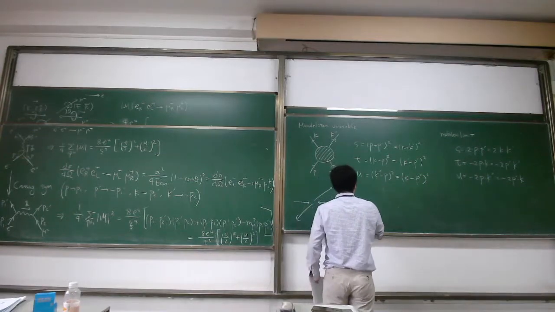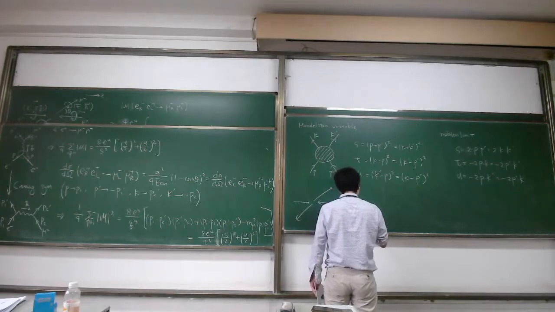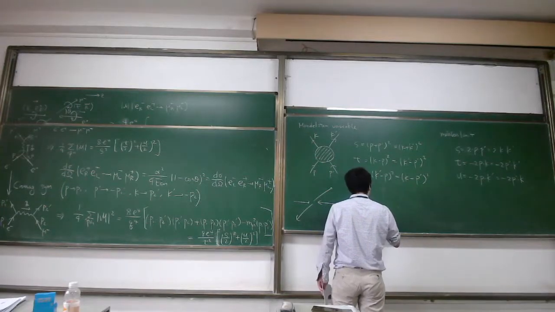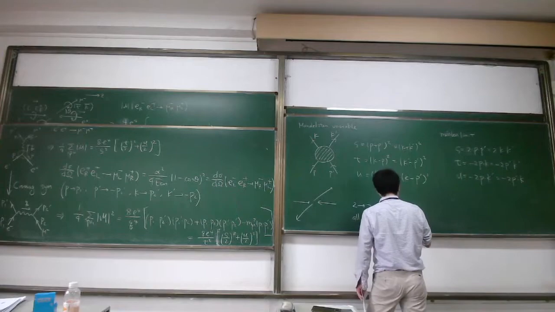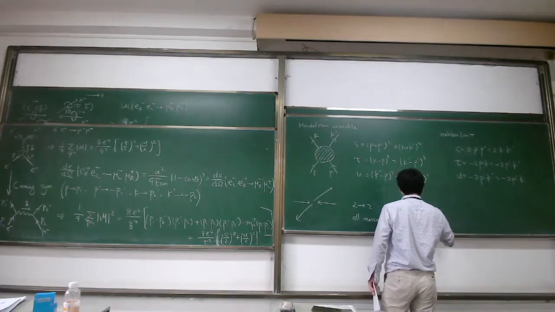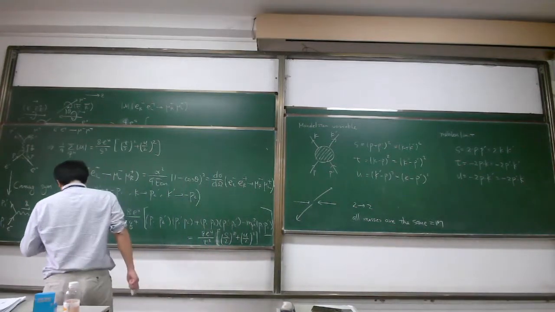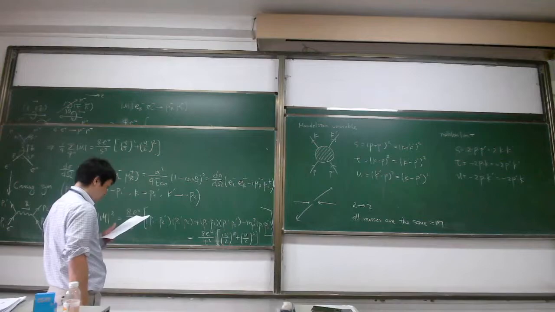So this is 2 to 2 scattering, and all masses now are the same, which is equal to, I call it M. Okay.